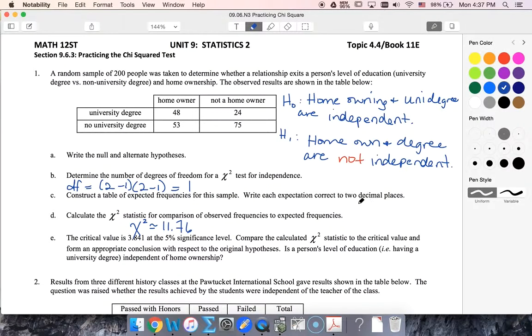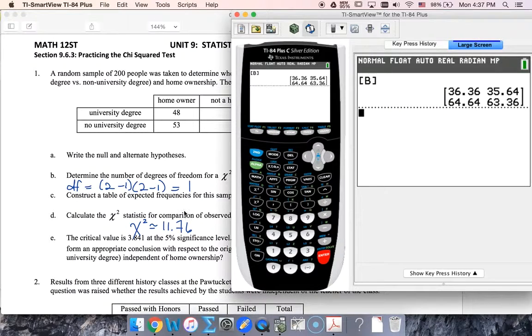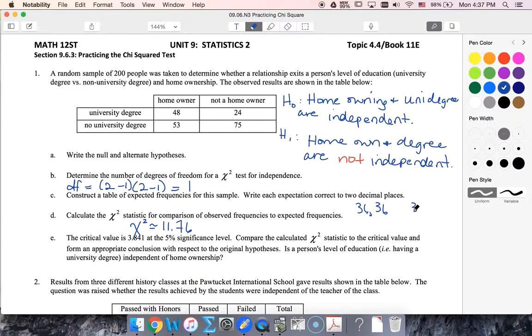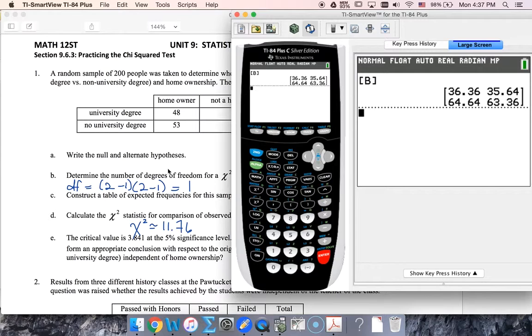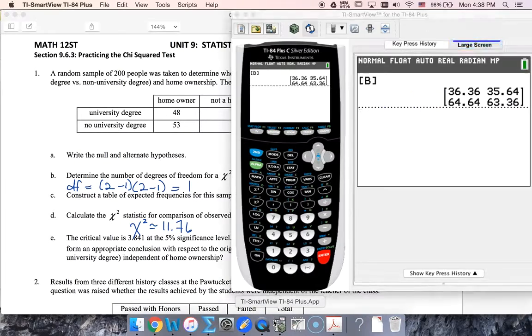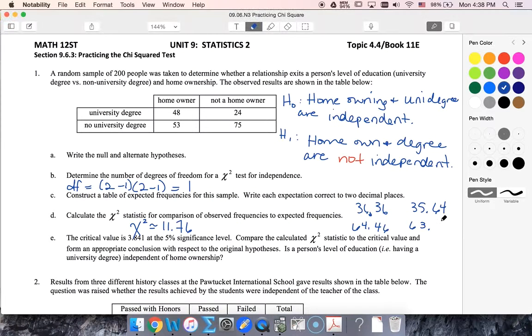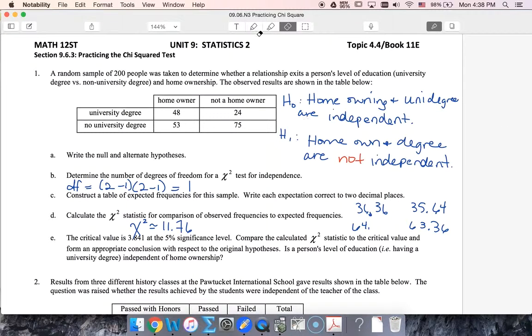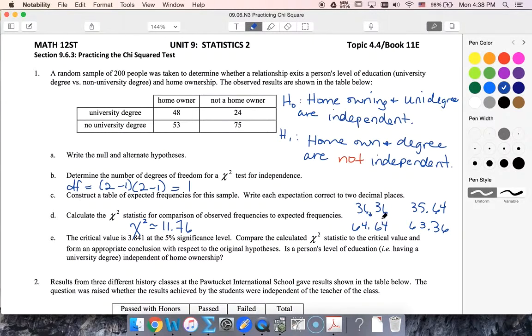So 36.36, and then I had 35.64, and my other two, 64.46, and then 63.64, I believe. 63.36. And this should have been also 6.4, not 4.6. So I just copied those down from my calculator.